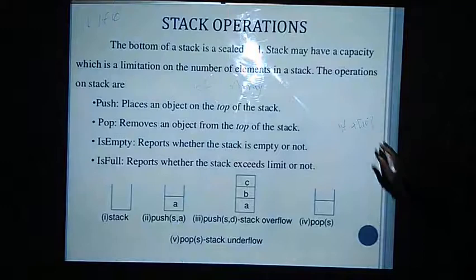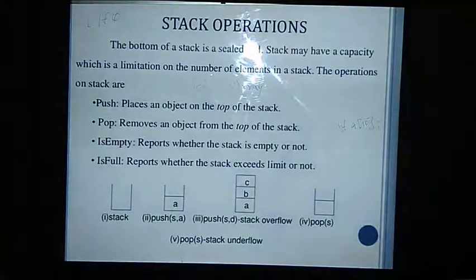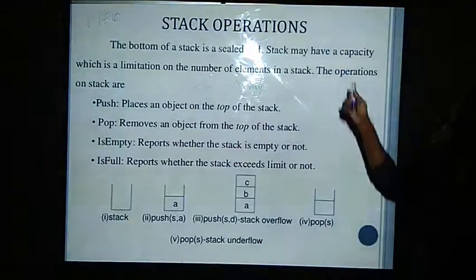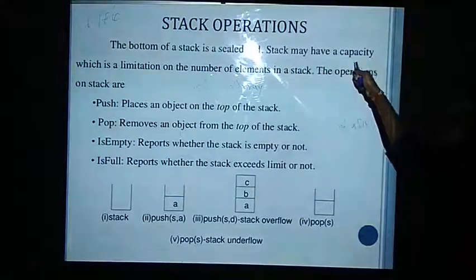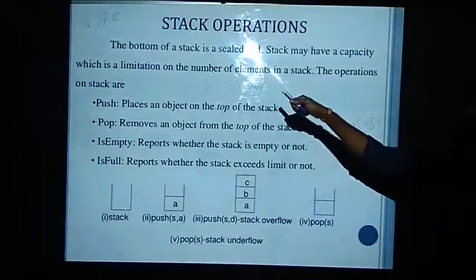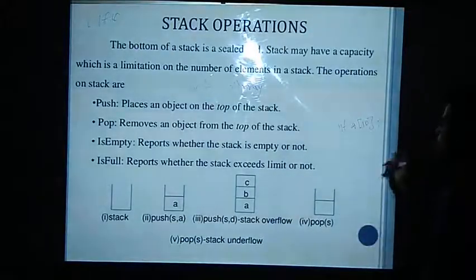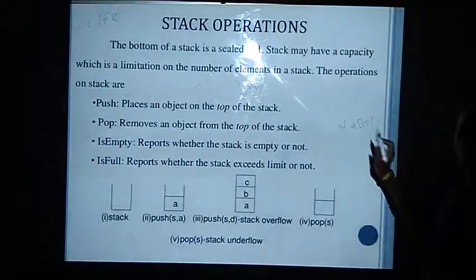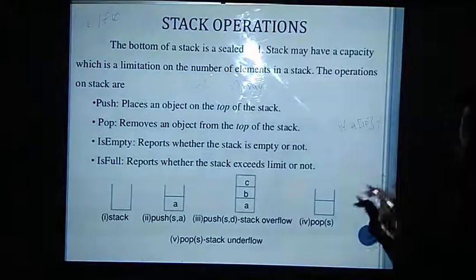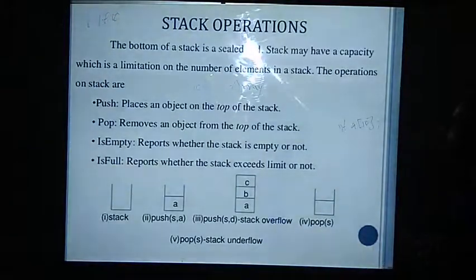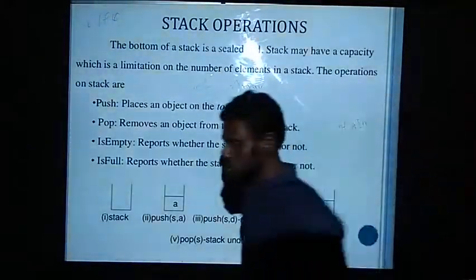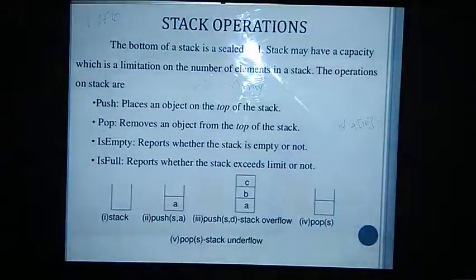Then only 10 elements that we could store in your array. That is the reason they are saying stack may have a capacity, which is a limitation on the number of elements in the stack. If we are giving 100, you can store only 100. If you are giving 1000, only 1000 numbers can be stored. Like that, we will be having some limitation towards the stack storage.